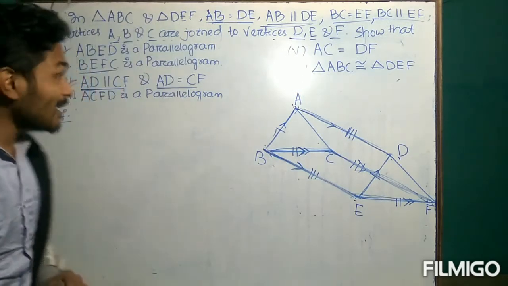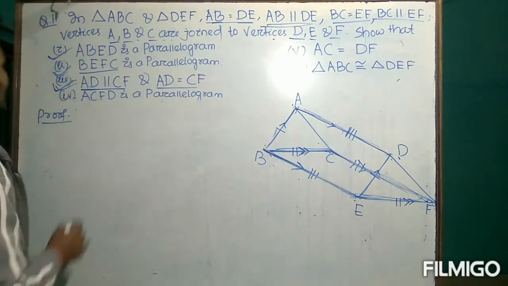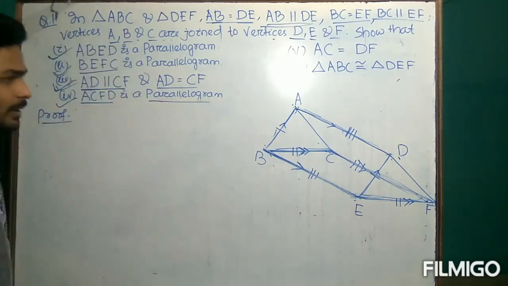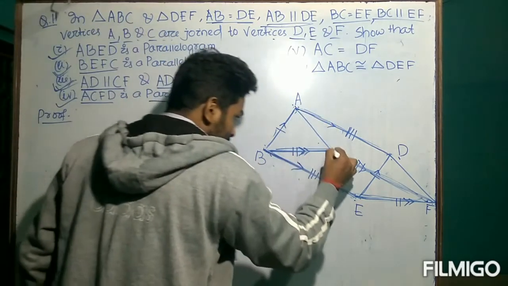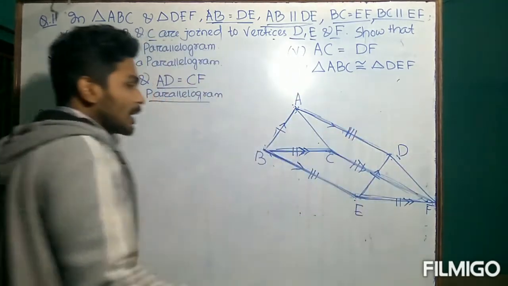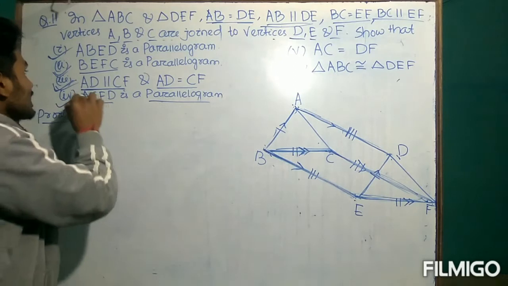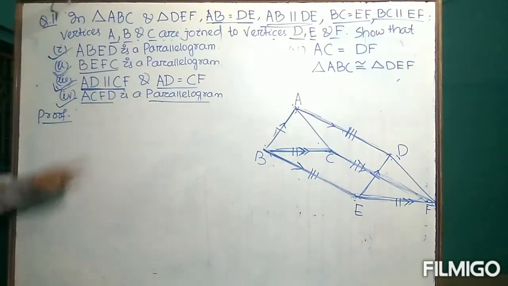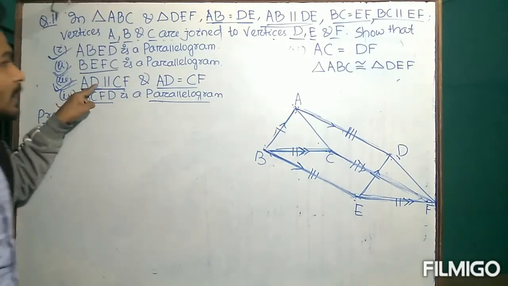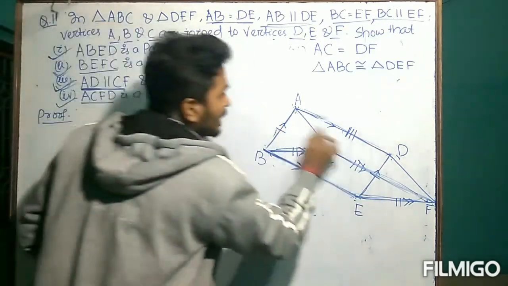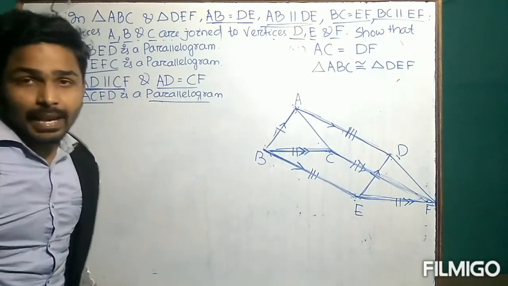Okay, so let us understand and prove the fourth statement, that ACFD is a parallelogram, right? So ACFD is a parallelogram, that we have to prove now. As you can see in the previous statement, we have proved that AD is parallel to CF as well as AD is equal to CF.